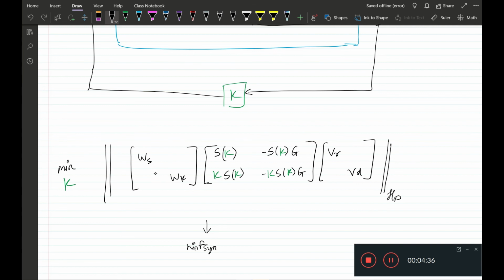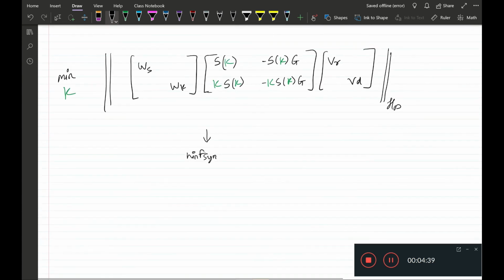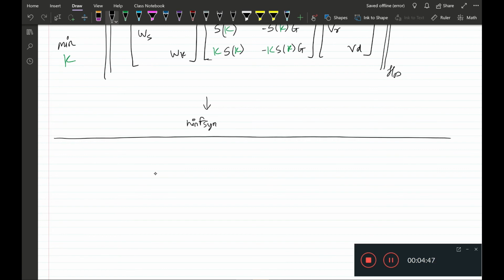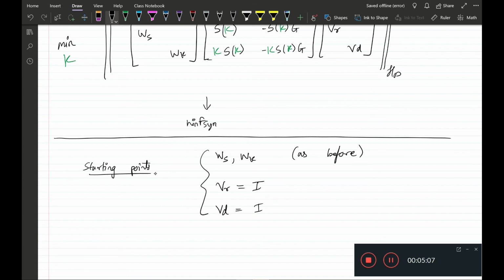So now I will not show the code again, but it's there in the Matlab scripts folder, and you should try to have a look. Now some starting points for the tuning knobs. So WS and WK as before, and we can start with VR and VD as identity, and then iterate by looking at the time domain and the frequency domain plots.